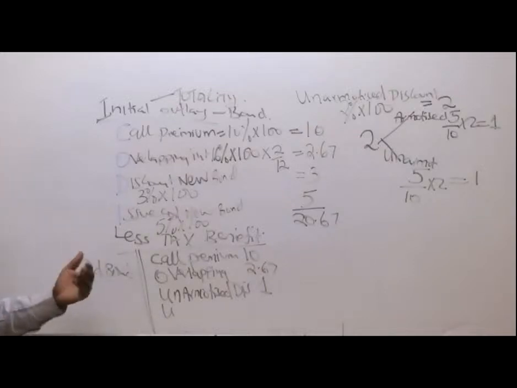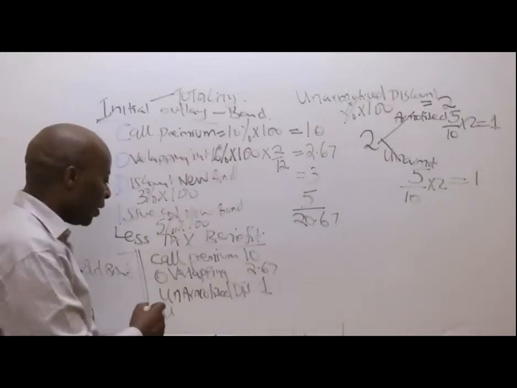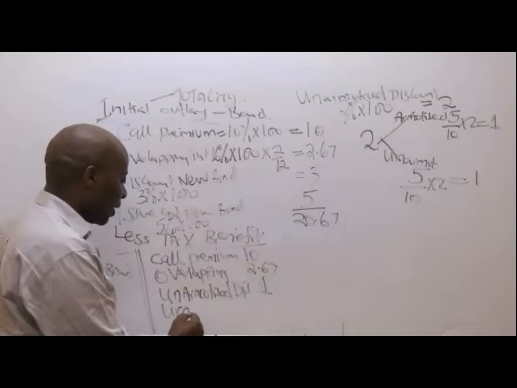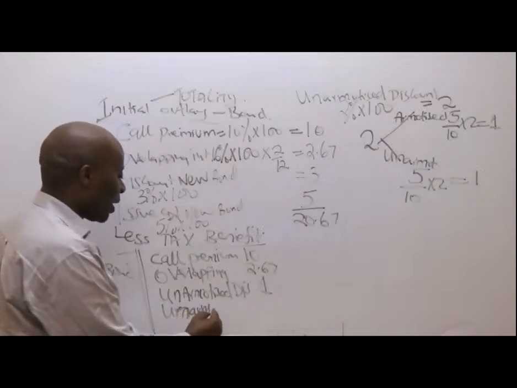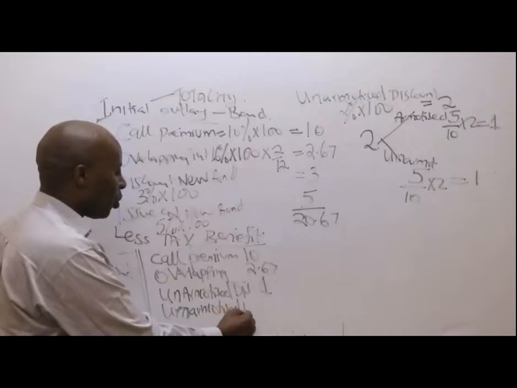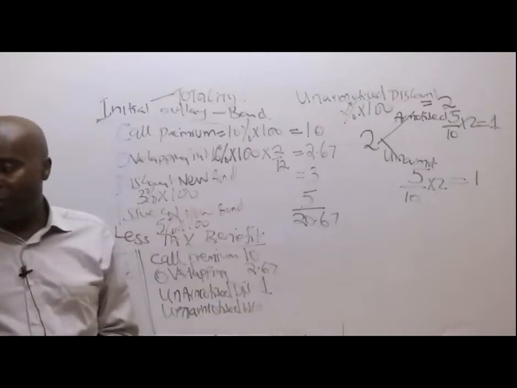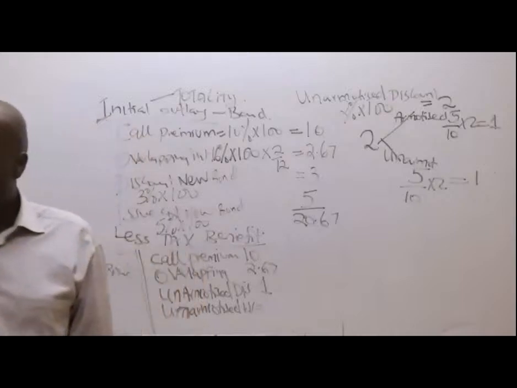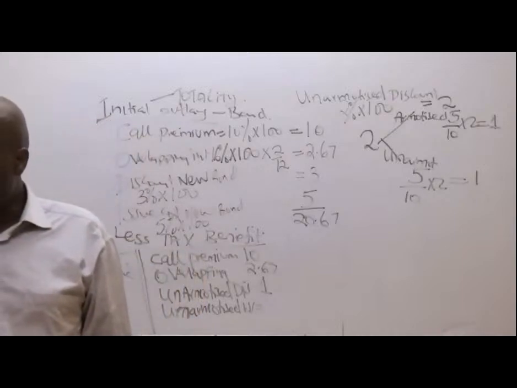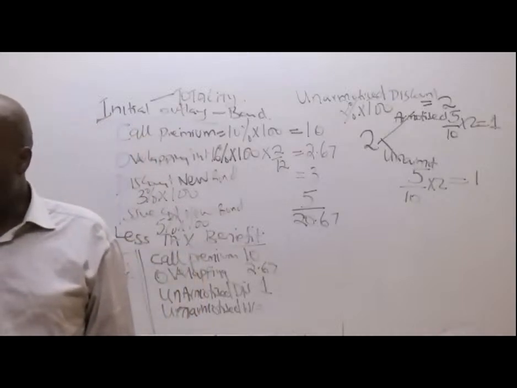So go to the 4th one, the unamortized issue cost. Remember the issue cost, already we have been given the total issue cost of the old bond.